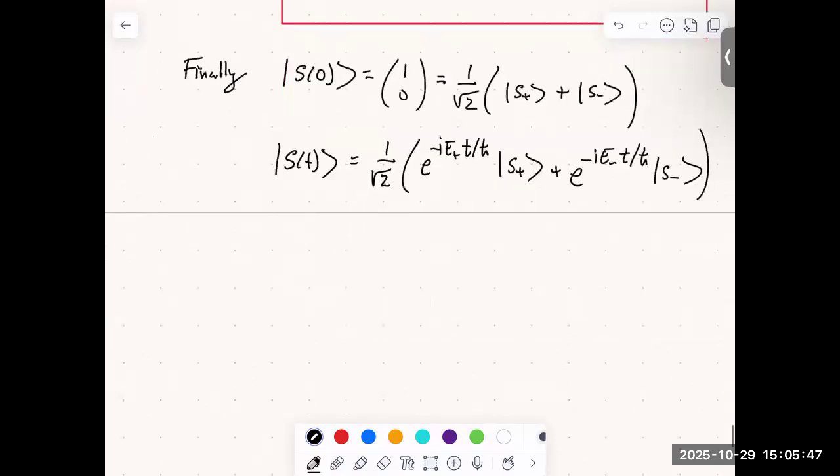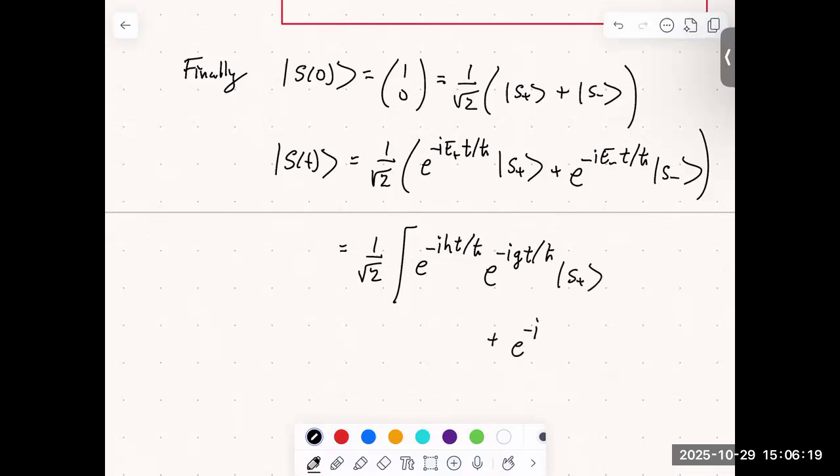Okay, well, let's keep going. 1 over root 2. Let's see, E plus was g plus h. So I'll write the h first: e to the minus i h t over h bar, e to the minus i g t over h bar S plus, plus e to the minus i.